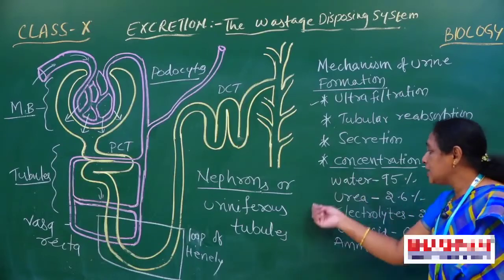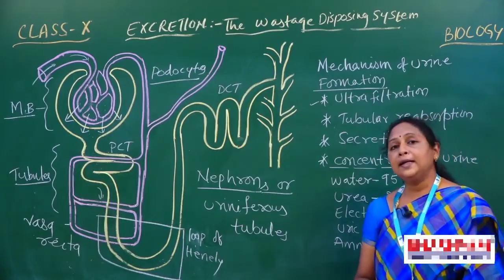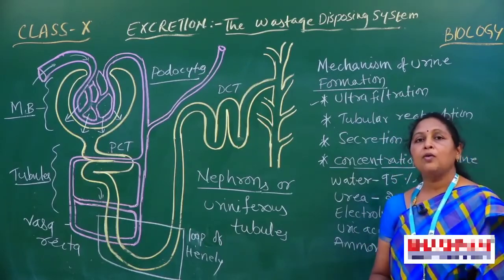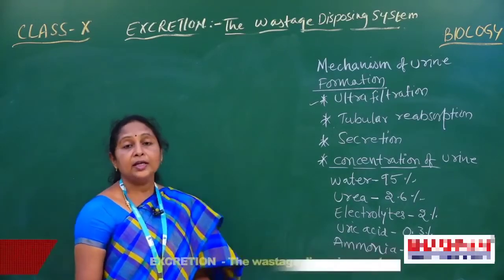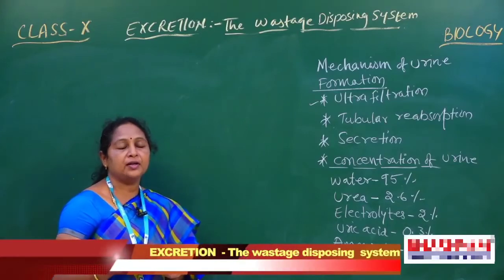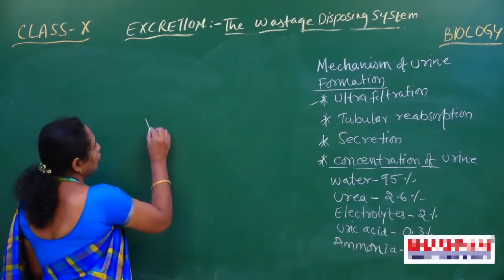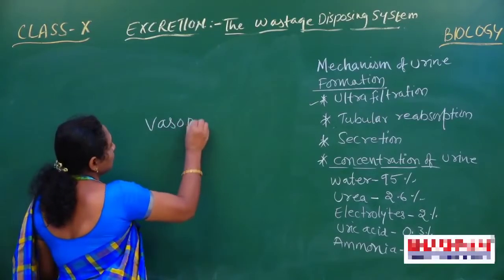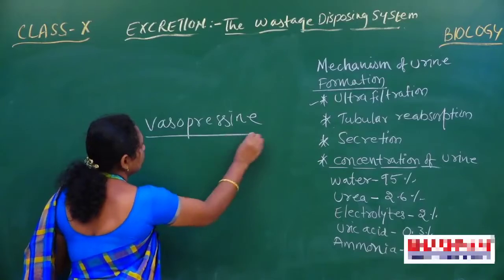This concentration of urine is maintained by the release of a hormone, which we call vasopressin. This concentration of urine is maintained, or made more concentrated, due to this special hormone, vasopressin.